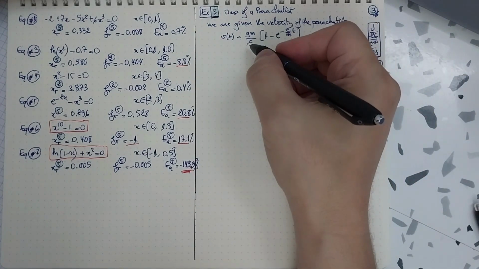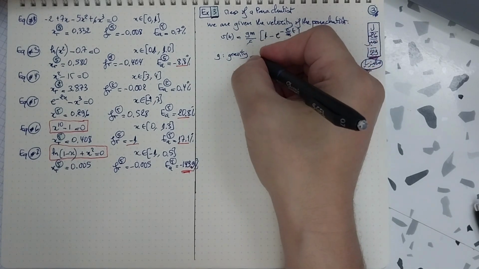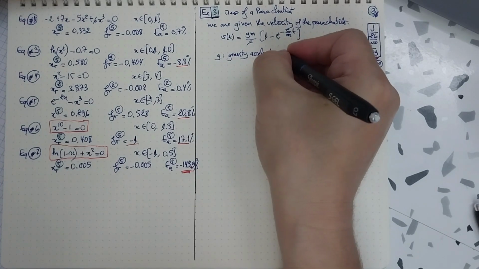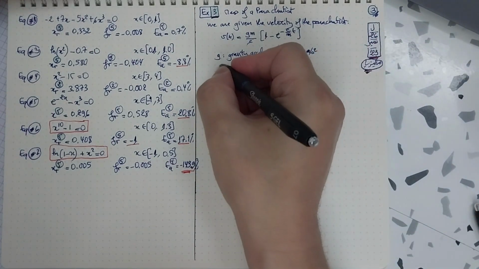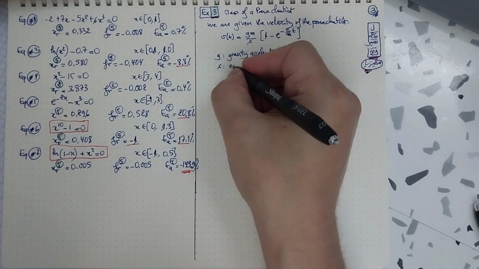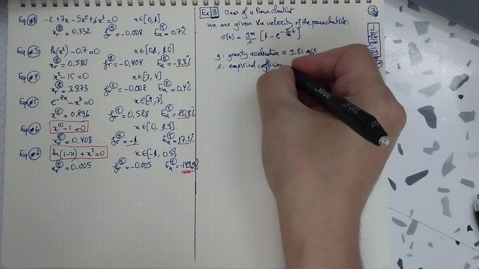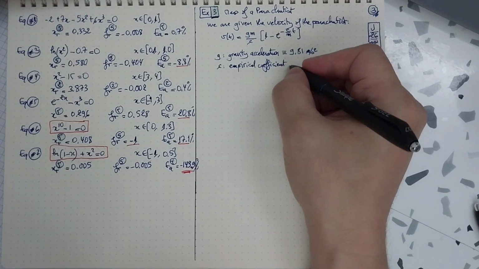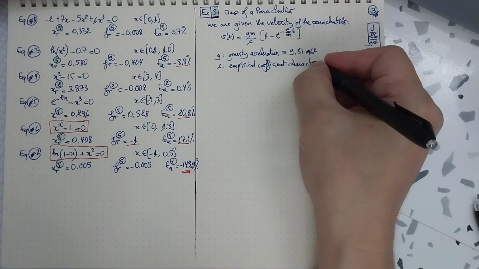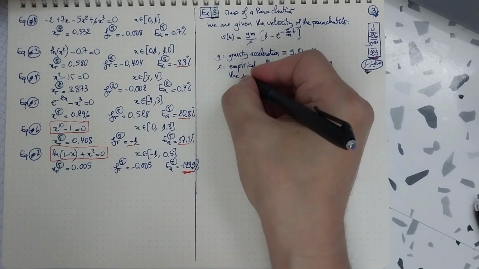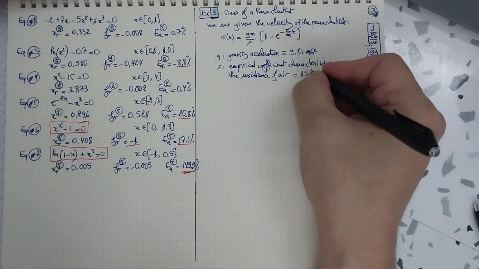And g is the gravity acceleration, which is a constant, equal to 9.81 meter per second square, and c is an empirical coefficient characterizing the resistance of air, and its value is 15 kilogram per second.